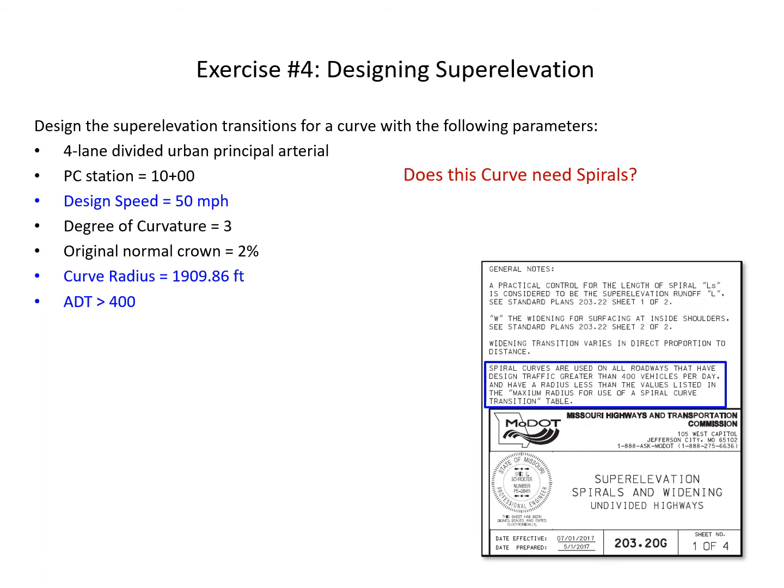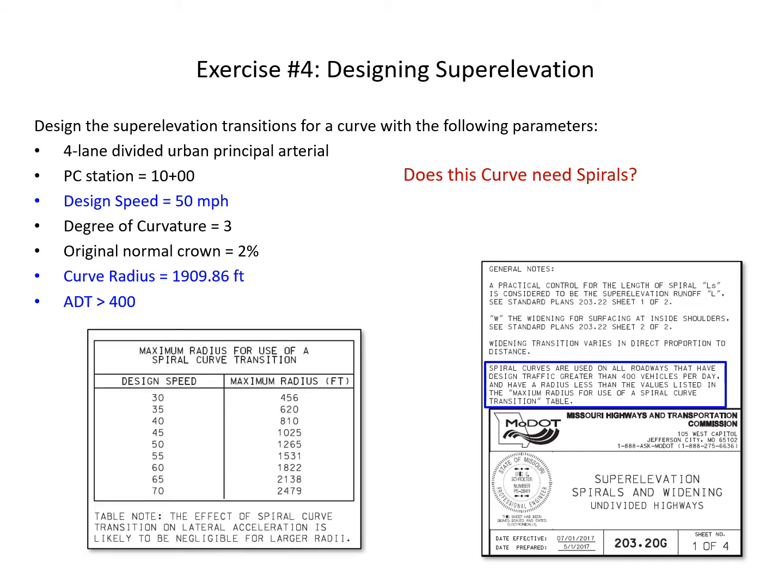That table is also listed on that standard plan and looks like this. So if we look at our design speed, the maximum radius is 1,265. Our curve radius for this example is 1,909, so therefore no spirals are needed.